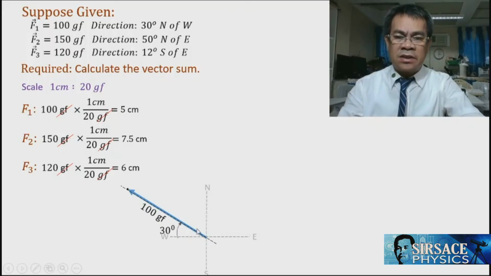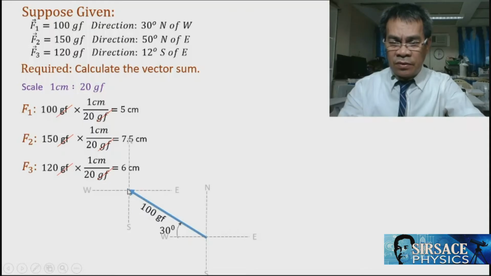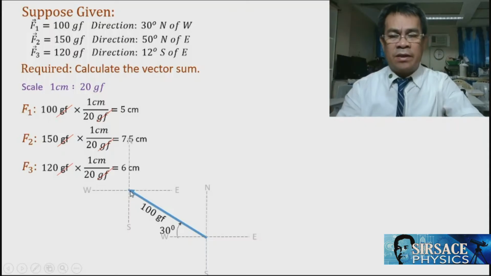So next is to connect F2 or maybe F3. You can choose any. So to do it, you have to do the Cartesian at the tip of the vector F1. So then again, we need to construct this one, the 150, the direction 50 degrees northern part of east.